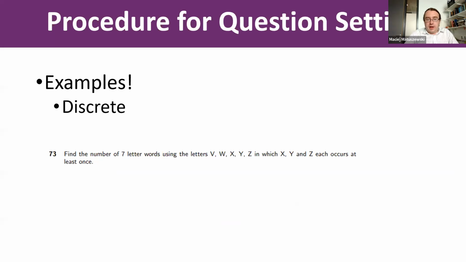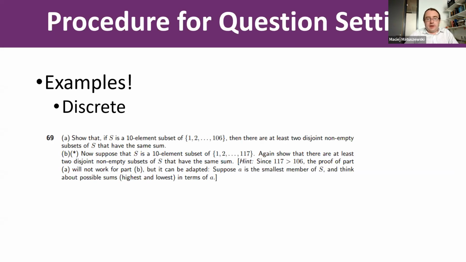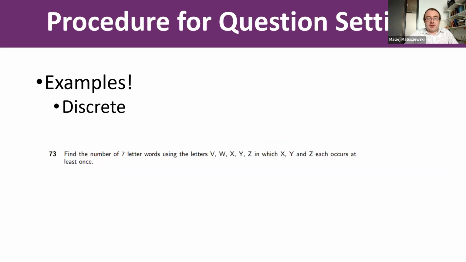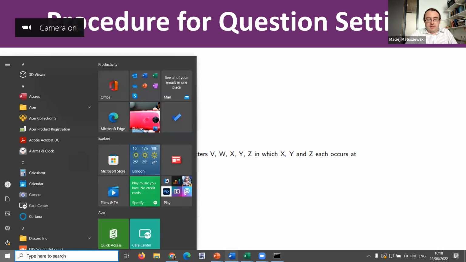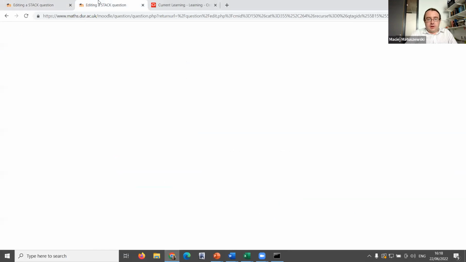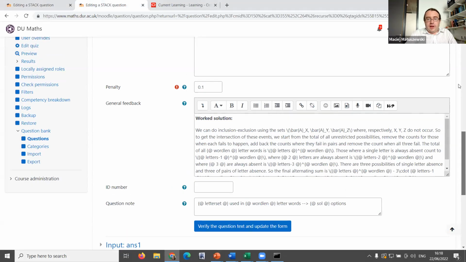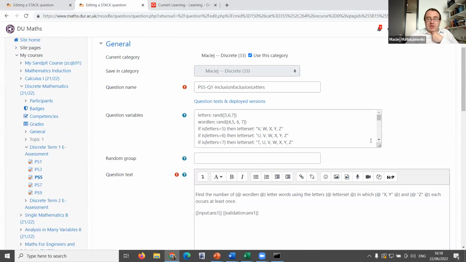So in another module, discrete maths, we were also able to convert this question, asking about permutations and combinations. Again, we're able to introduce some randomization.